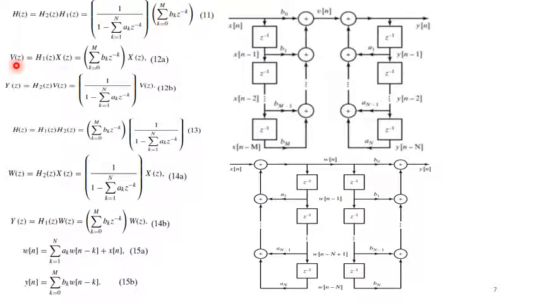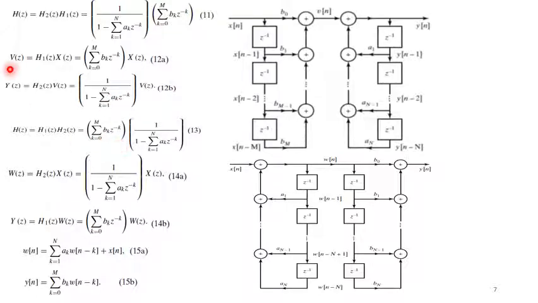So V of z was equal to H1 of z times X of z. This is the mathematical expression for V of z. Again, Y of z, the output of the system, we get by multiplying H2 of z with V of z.